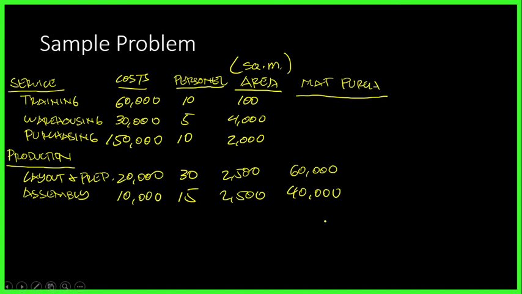So, let's compute. Let's start with the direct method. Okay, so let's put direct method. If you visualized it, with the direct method you just allocate the costs from the different servicing departments to your production departments. So how do we do that?